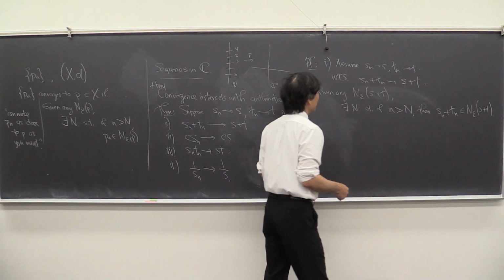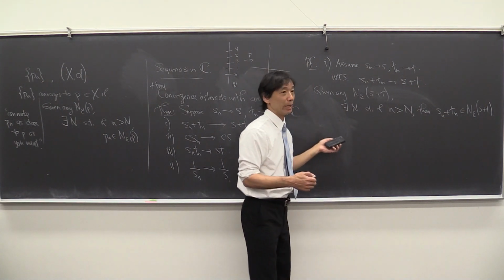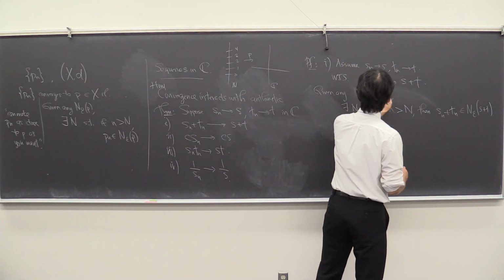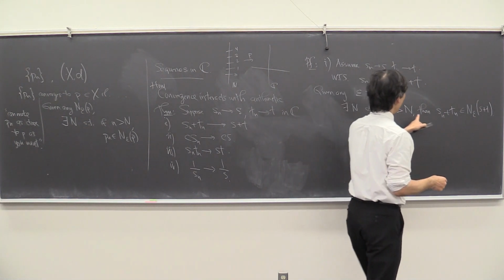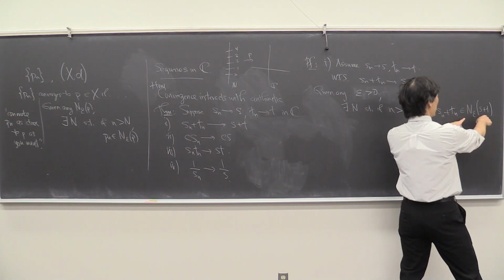Okay. Let me write this in just the plain old epsilon way rather than using the neighborhoods. So I'm just going to say, given any epsilon, there exists an n past which this is in there.